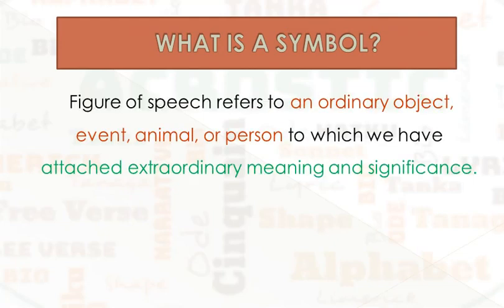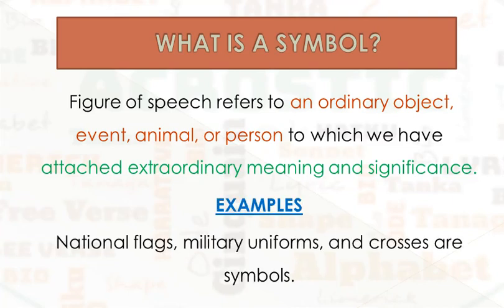Well, in reality, it is a figure of speech that refers to an ordinary object, event, animal, or person to which we have attached extraordinary meaning and significance. For example, national flags, which refer to their countries, military uniforms and crosses are all symbols.